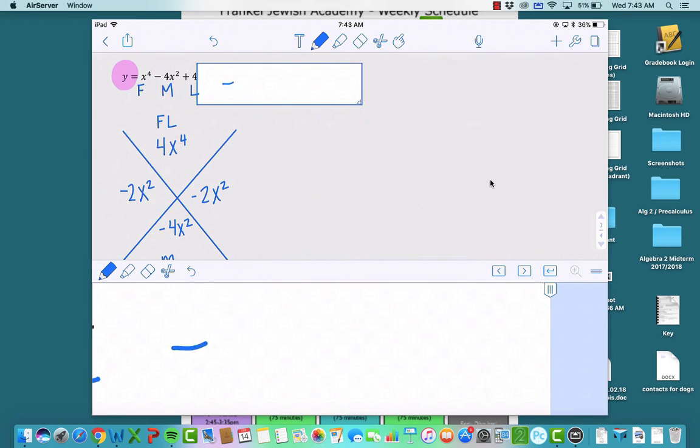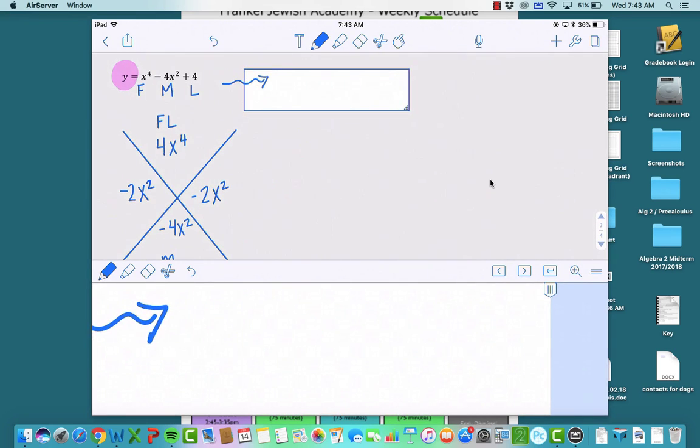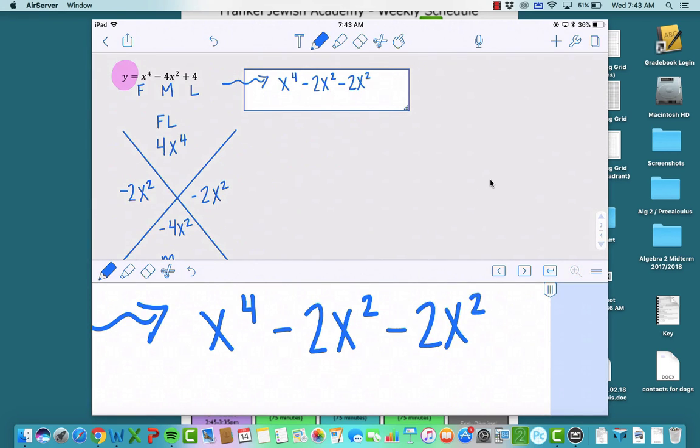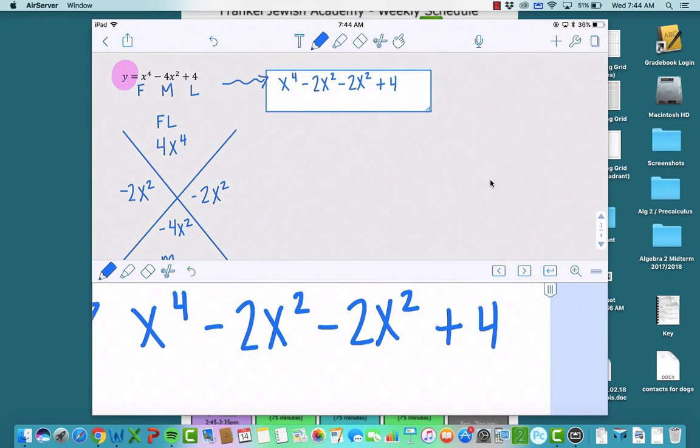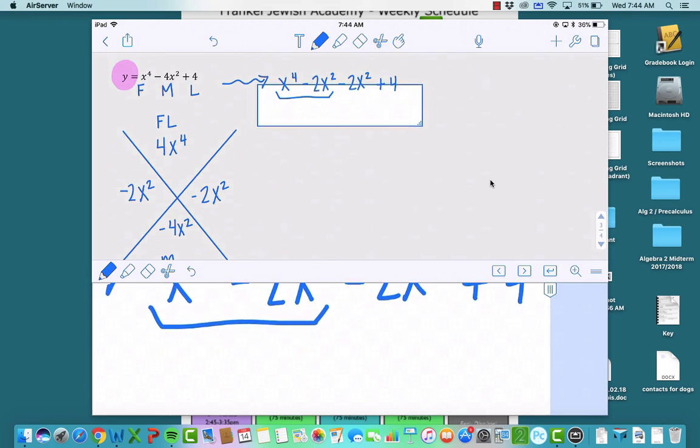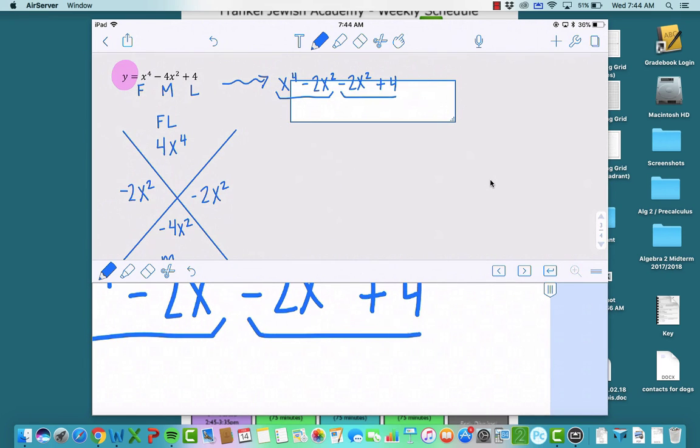So I'm going to now factor by grouping. So I have x to the 4th minus 2x squared minus 2x squared plus 4. I group these two together, and I group these two together.